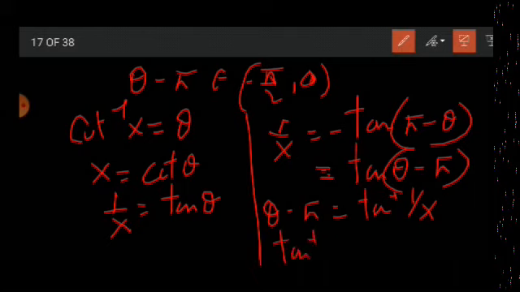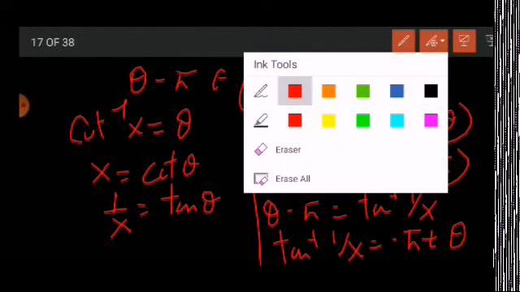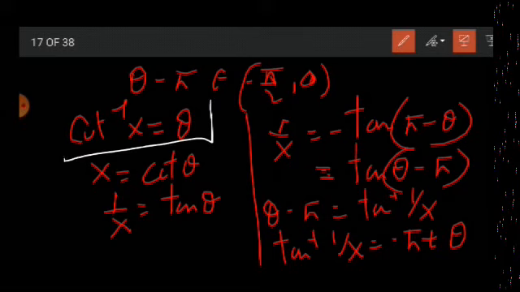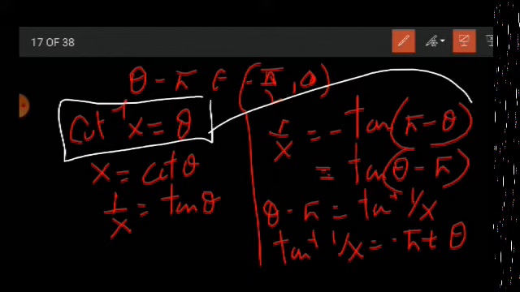And what was theta? Theta we have already assumed here, that was cot inverse x. Now you can place the value of theta over here.